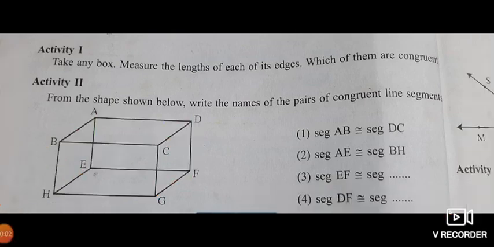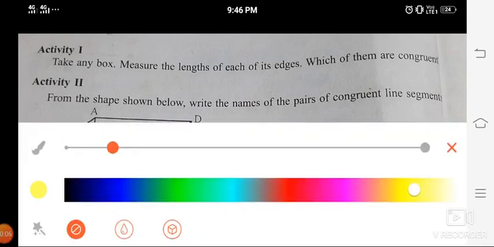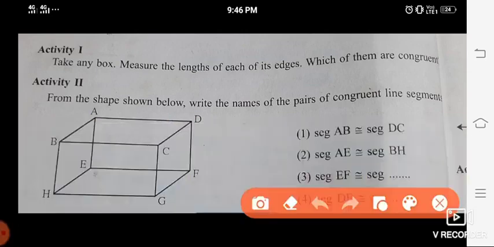So now they are asking you seg EF. See, I'll show you now. I'll just use one color. EF, it is in this way. Which is the congruent segment? Any one you can tell. Congruent seg AD you can say, or seg BC you can say. That is horizontal, no? So all horizontal you can check. And one more is there, seg HG.